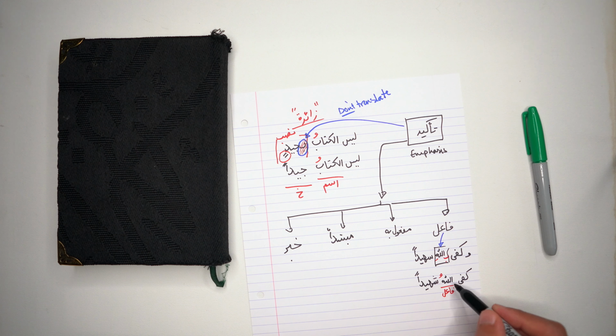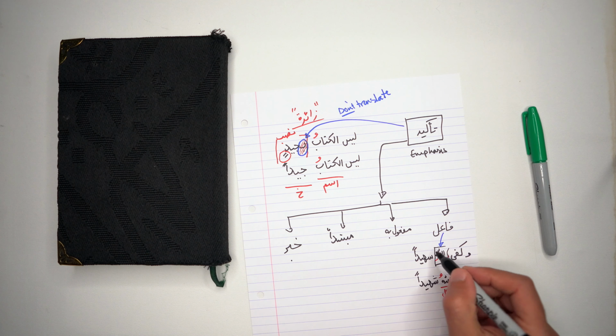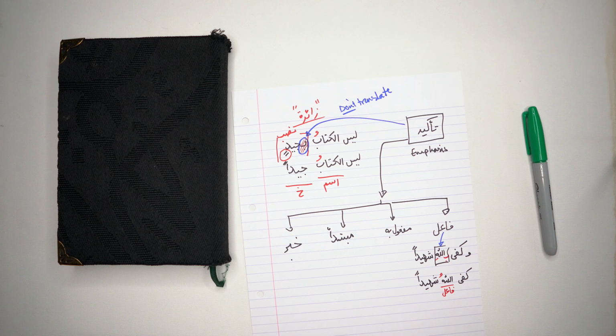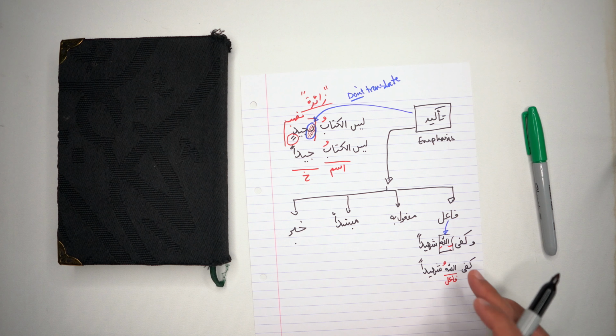So the point is over here, originally this was kafallahu shahidan. And then the ba has actually now transformed the dhamma into a kasra because that's what ba'as do. But when you translate it, there's going to be no difference. You're not going to say, it's sufficient with Allah as a witness. No, you say, Allah is sufficient as a witness. Yeah, kafa billahi shahid. Alright, so that's the example of fa'il.